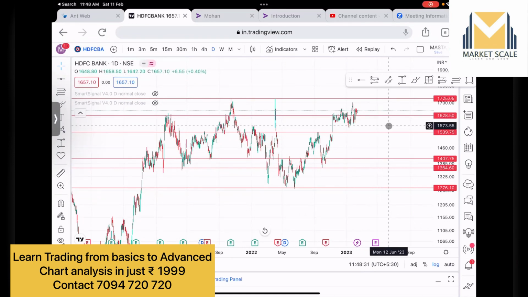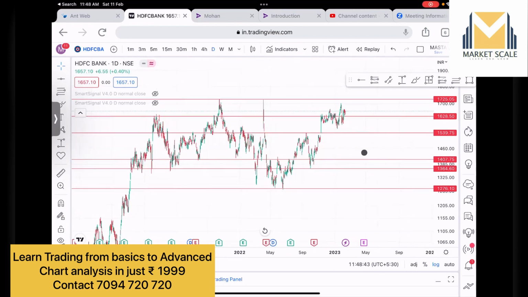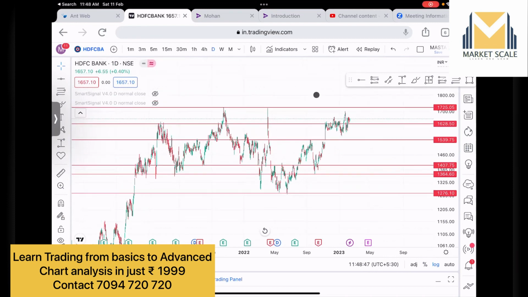Or again, if the floor is weak, if the support is weak, it may drop down to 1539. And then again, it can either bounce back towards 1628 or come down towards 1407, depending on the strength of sellers or buyers.